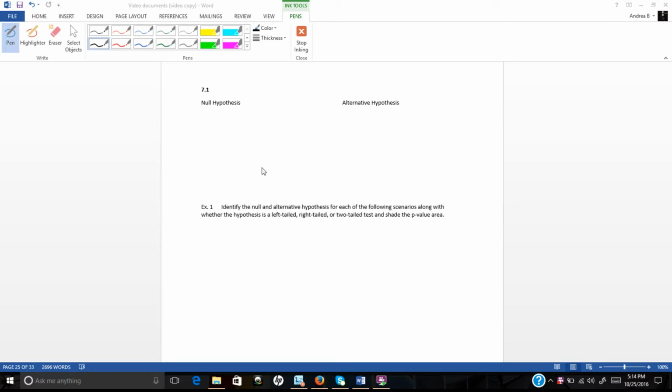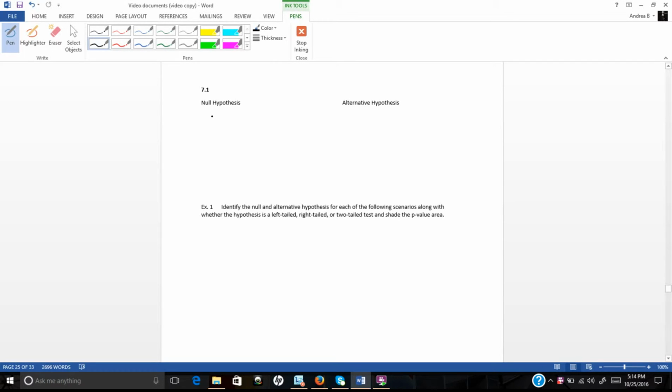Section 7.1 here, we have what's called a null and alternative hypothesis. Here we're dealing with trying to predict what might happen based on different conditions, and what we might be able to conclude from it. We have some symbols that normally mean the null hypothesis versus the alternative hypothesis.